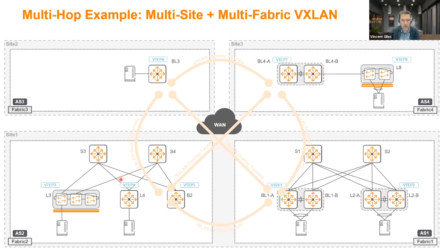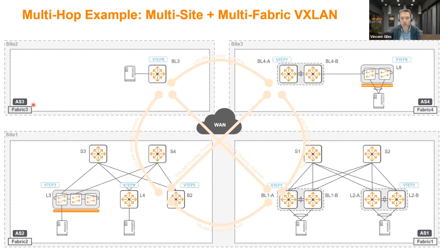Fabric 2 is exactly the same, except that here I've got border 2, VTEP 5. VTEP 4 is a standalone, that would be a 6300. And here you see a VSF which is VTEP 3. And then you have spine 3 and spine 4. Again, separate fabric, but inside the same site 1 as Fabric 1.